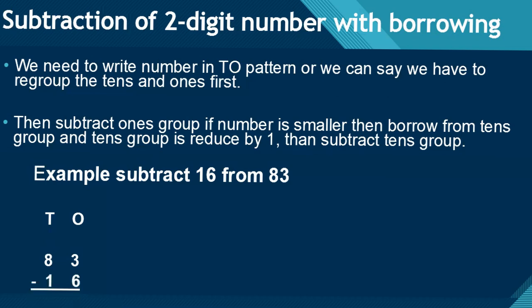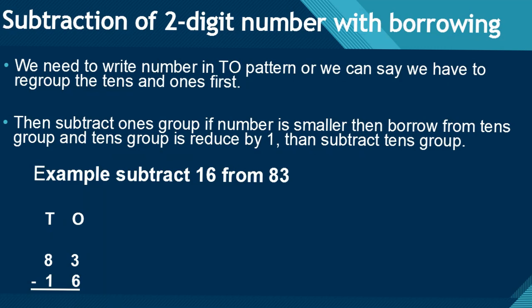Now we add the minus sign. What is the next step? We have to subtract the ones group first. Now here we need to subtract 6 from 3. As we know, we have a smaller number, that is 3, and the bigger number we need to subtract.